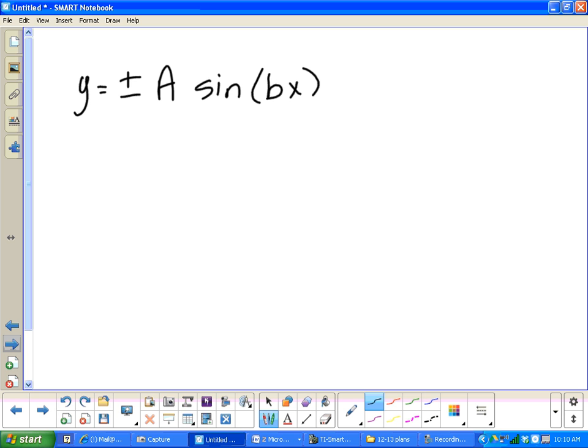I'm calling it b. We just use a, b, and we'll add a c and a d later. But the b, the coefficient in front of the x, is going to change the period. If I don't have a coefficient there, the period is just 2 pi. But when I put something different there, it's going to change the period.